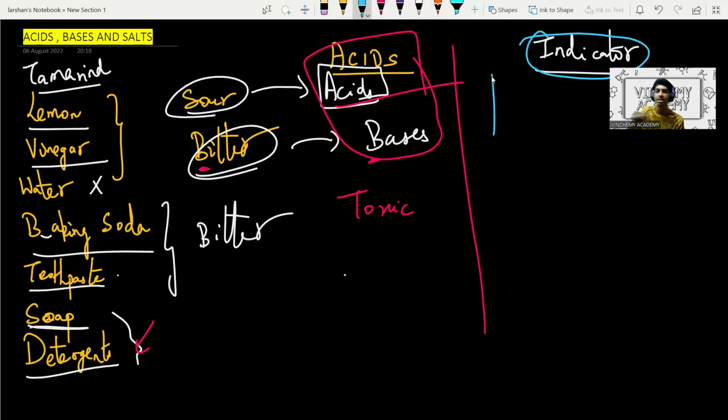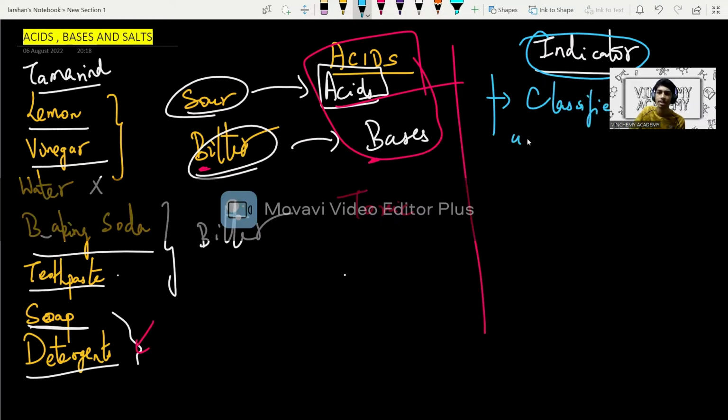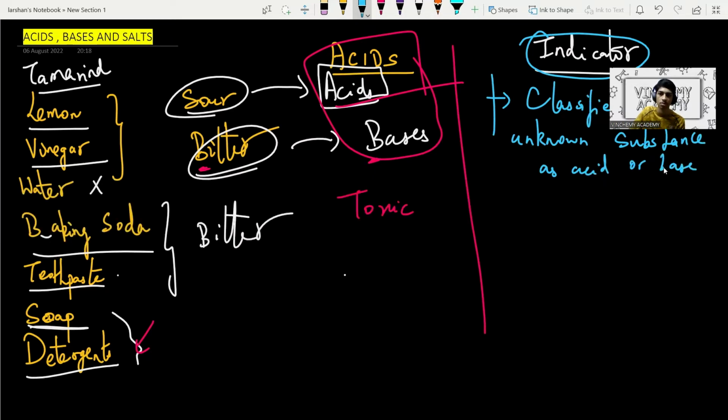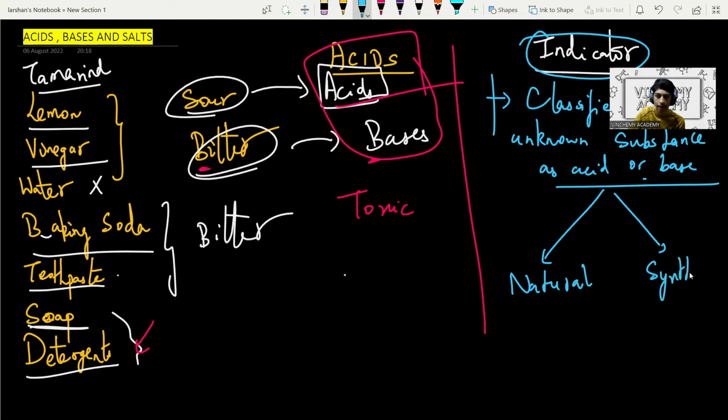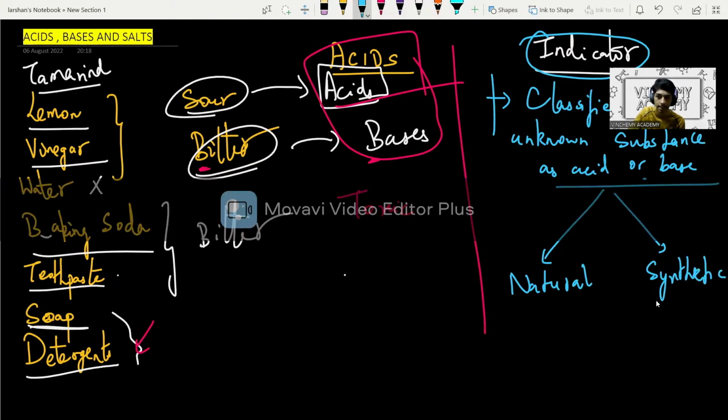It classifies an unknown substance as acid or base. Indicators are of two types: natural indicators and synthetic, or man-made, indicators.